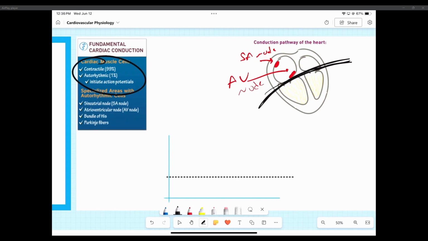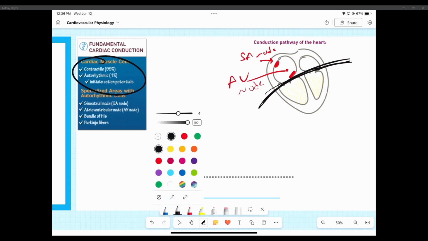This area does not conduct any electricity at all. The only way you can get the electrical signal from the top of the heart, from the SA node, to the bottom of the heart is through the AV node. Once the AV node gets depolarized, it's going to hold on to that charge before it sends it down the road, down the ventricles.